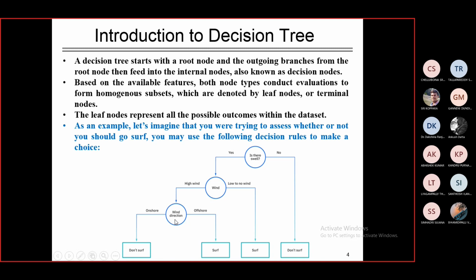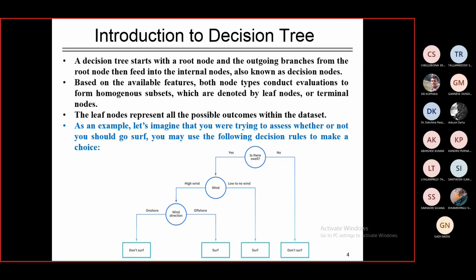Okay. Now, if we choose the offshore decision, then we will surf, and if we choose onshore decision, then we don't surf. Okay. So this is a kind of decision tree that we have to make when we solve a classification problem.